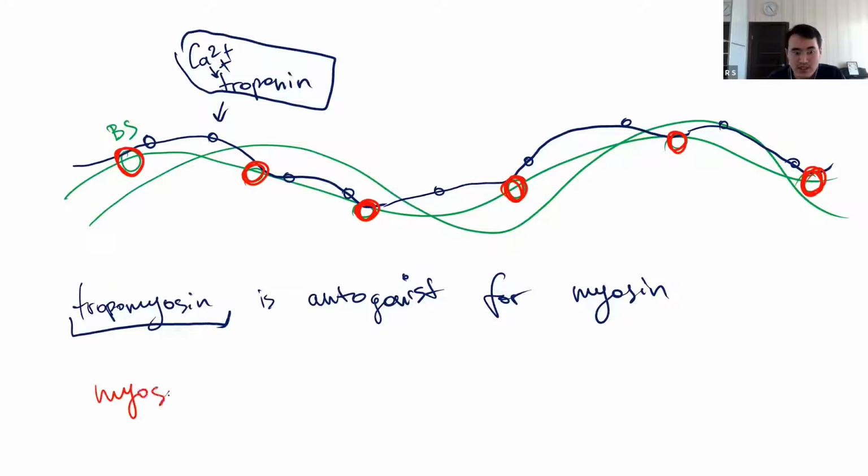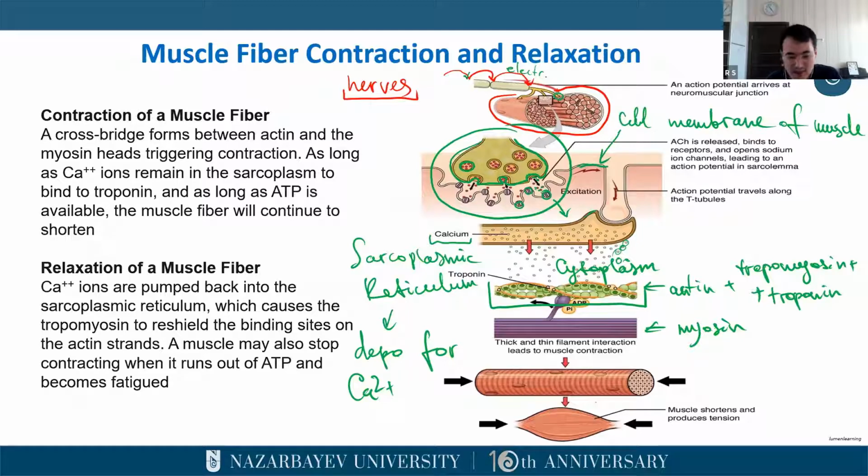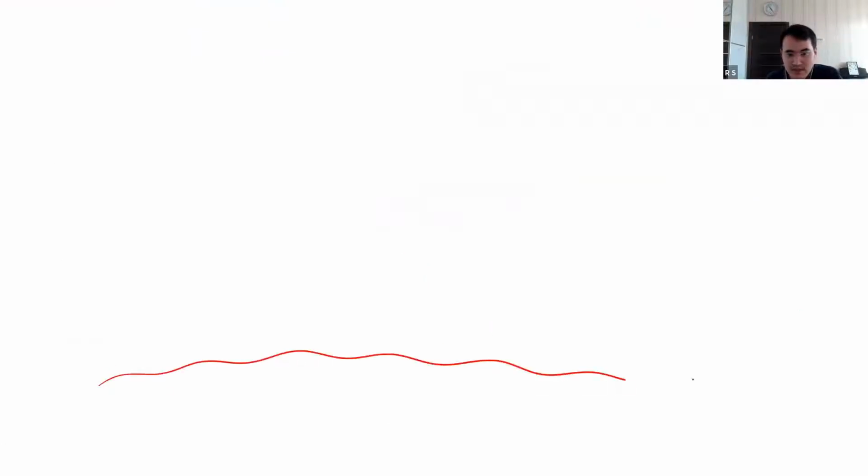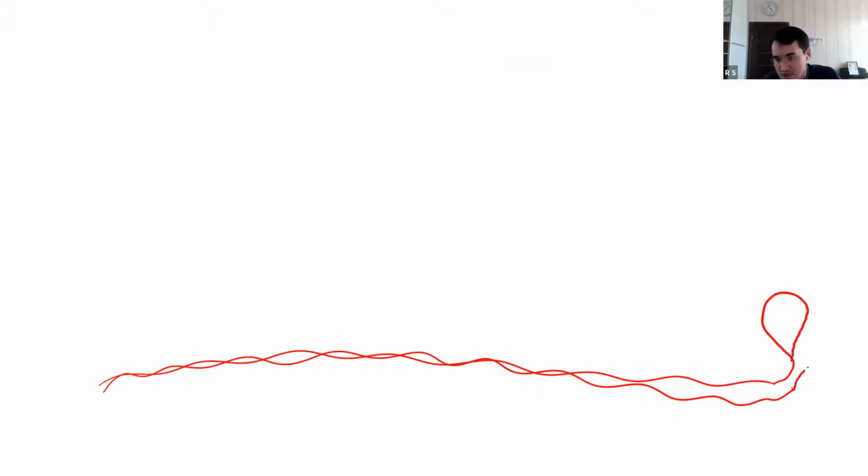So the myosin has the structure of the filament, and on its end we have a so-called head. And this head is actually capable to bind to the binding sites of the actin.